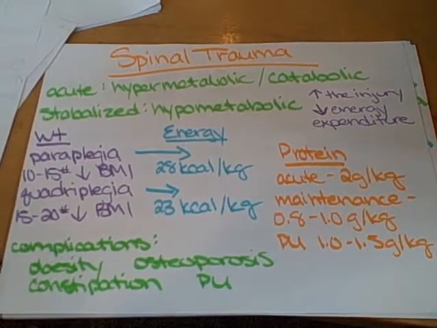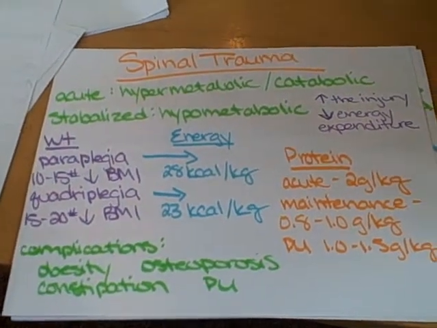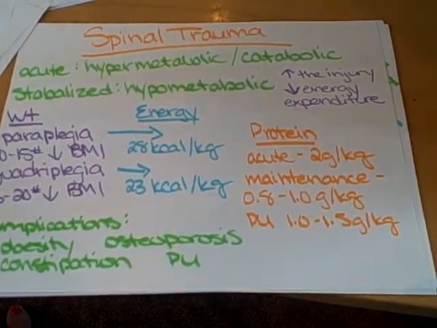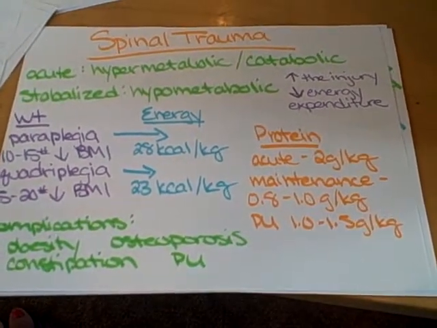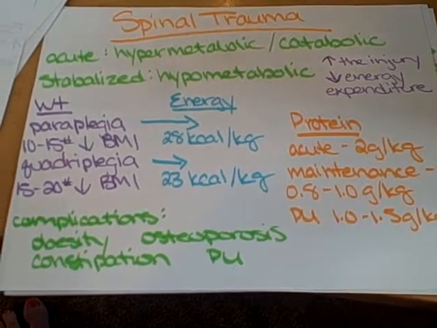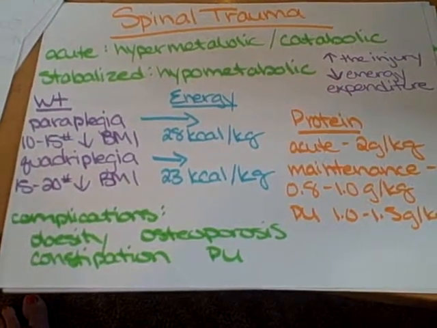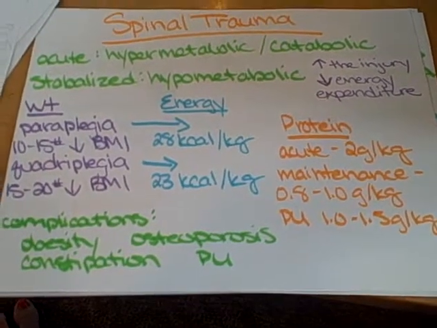And then for maintenance, we are looking at 0.8 to 1 gram per kilogram. For a patient that has pressure ulcers, you want to increase that to 1 to 1.5 grams per kilogram. There are a couple complications that can come along with this: obesity, constipation, osteoporosis, and pressure ulcers.